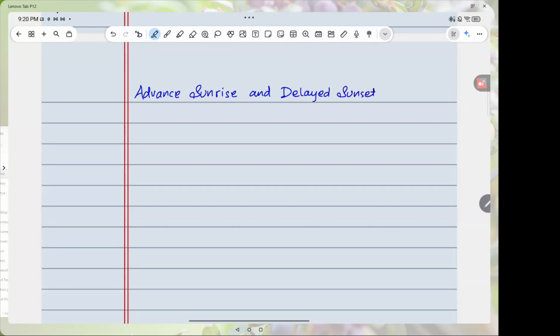What does advance sunrise mean? We see the sun before it has actually risen. And what is delayed sunset? We see the sun even after the sun has actually set.